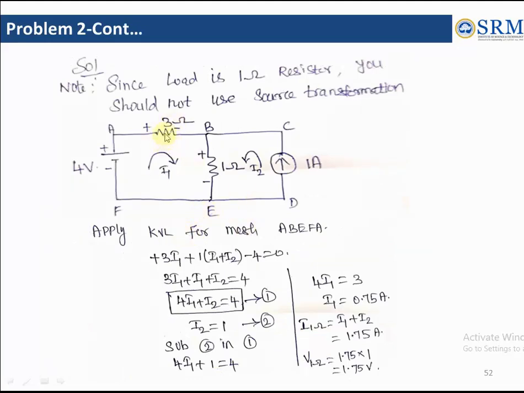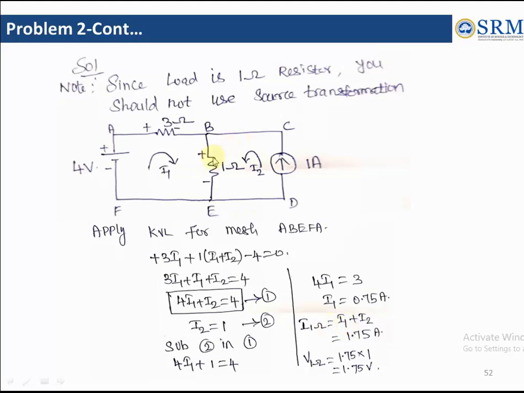Next we apply KVL. So in the first mesh, 3 into I1 plus 1 into (I1 plus I2), since both the currents are entering the same terminal, minus 4 equal to 0. Okay, for the second mesh, I2 is going to be what? 1 ampere only. So solving these two expressions, we get I1 and I2.